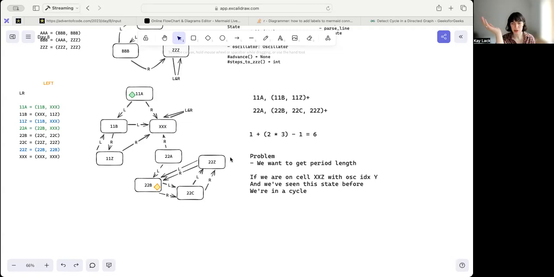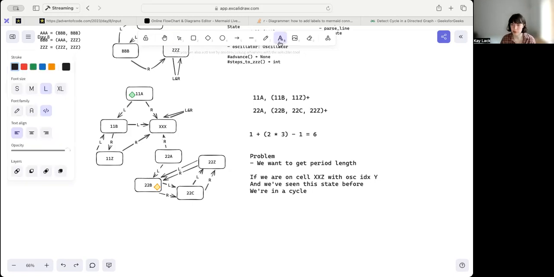So in fact, we need to track, we need to be able to get, all right, okay, let's look at it this way.